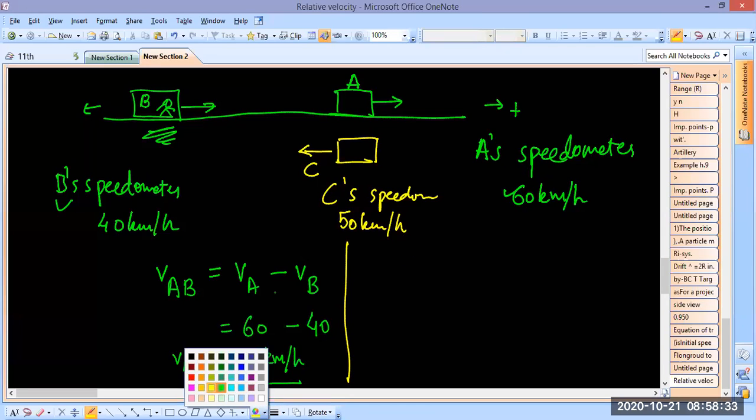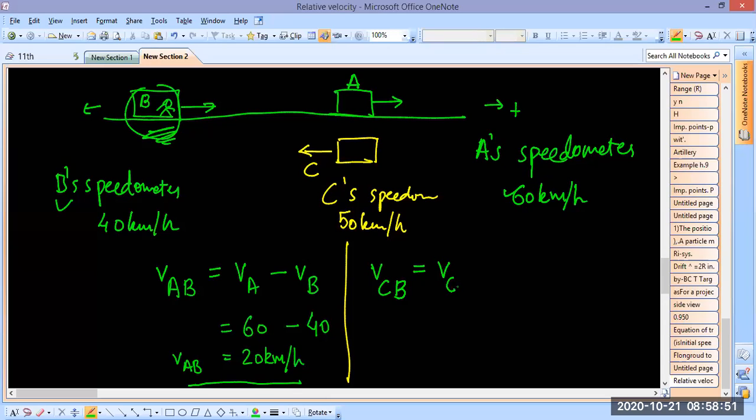So if you are now over here in D and observing C, the velocity of C as observed by B is equal to velocity of C minus velocity of B.